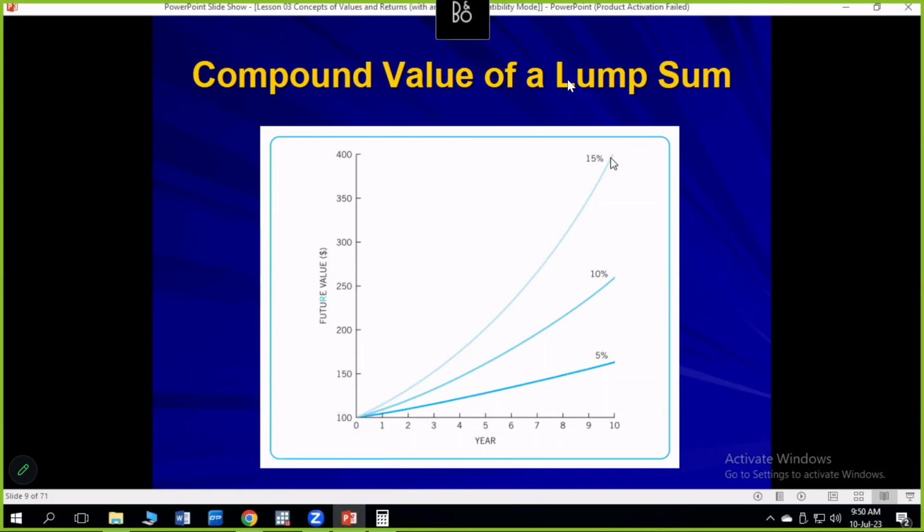The 15% curve you can observe is very high. That means the 100 rupees becomes 400 rupees at the end of the 10 years, 4 times. So it doubles your money, then 4 times.